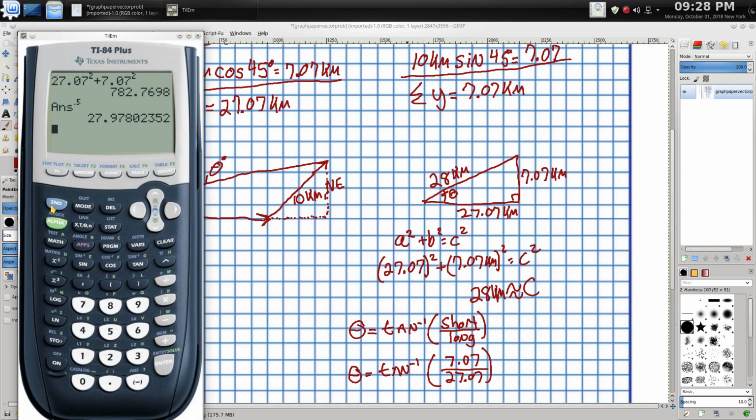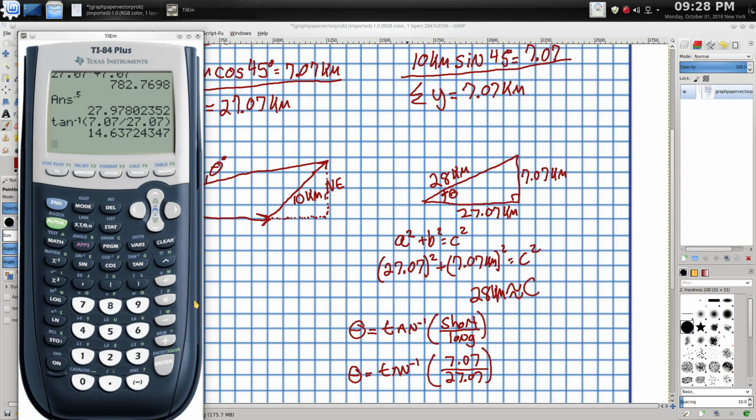We have inverse tangent. You get that by hitting second tangent. Good. And then 7.07 divided by, now remember, make sure you're in degrees, 27.07. Make sure you also close those parentheses. All right, press enter. And then my degree measure is roughly 14.6.